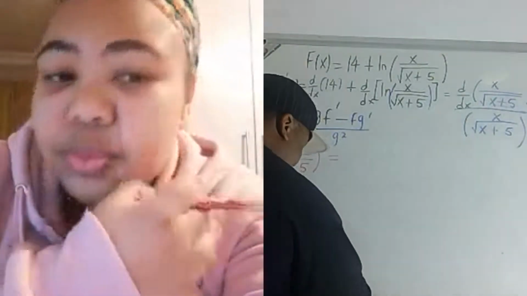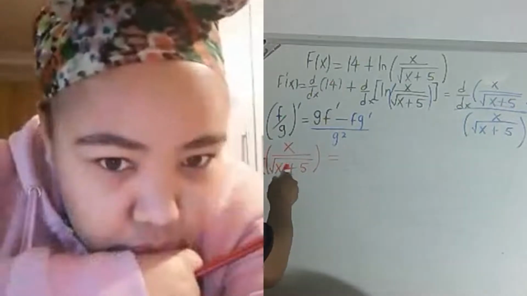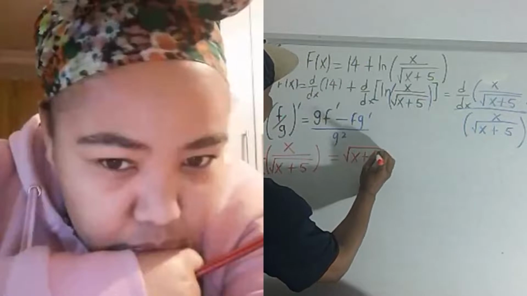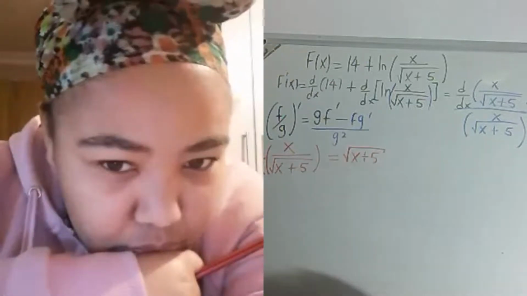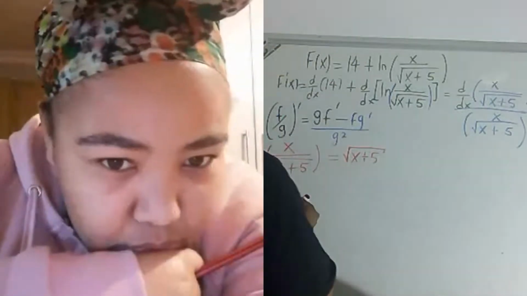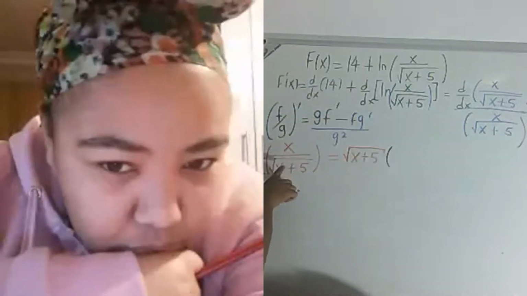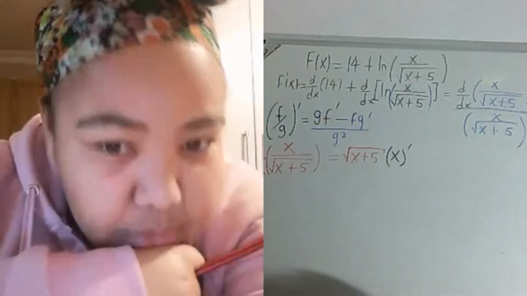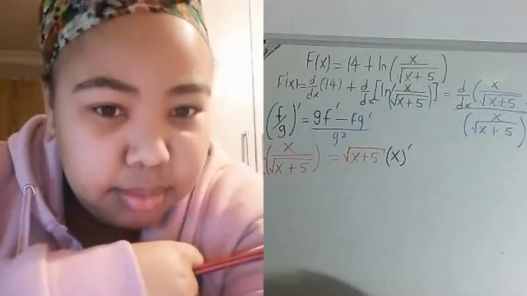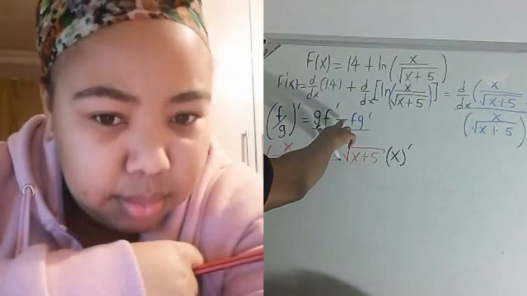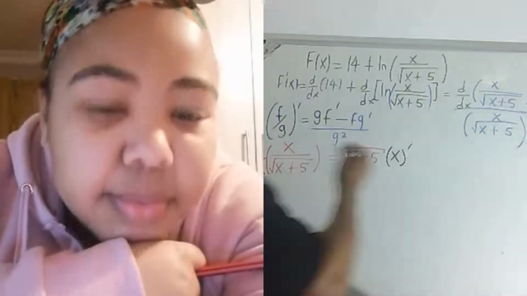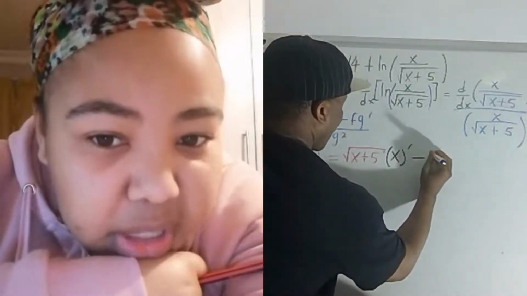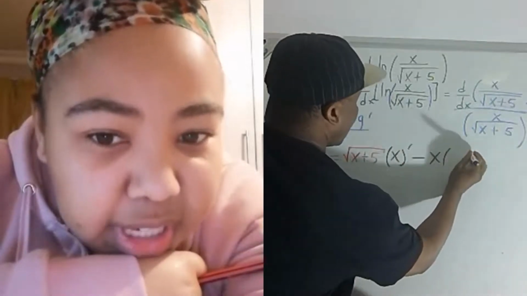If you cannot see, I can change the pen. And then we're going to differentiate the numerator. Do you agree with me? Yes, because you want to save time sometimes. And then minus, your f is constant, so your x is constant, and then you differentiate x plus 5.